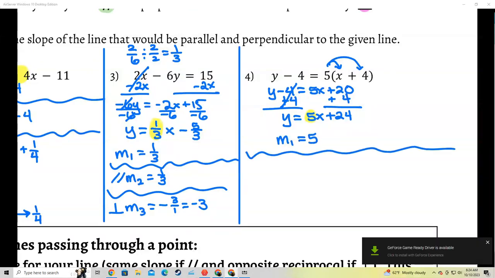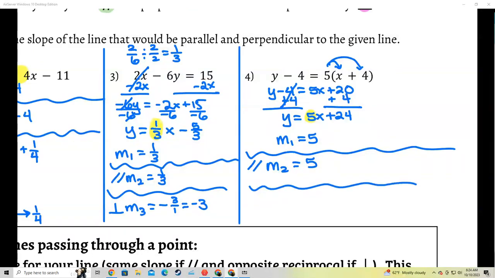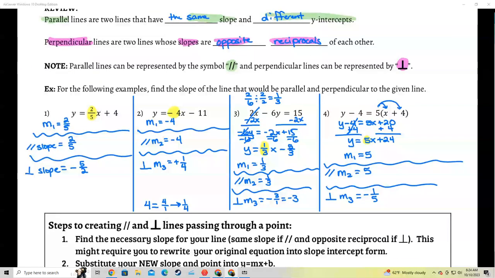If I want a parallel line, then the slope needs to stay the same, so the slope needs to stay 5. If I want a perpendicular line, then I need to take the opposite reciprocal of 5. The opposite of a positive is a negative, and the reciprocal of 5 is 1 over 5. And those would be the slopes of my given equations.